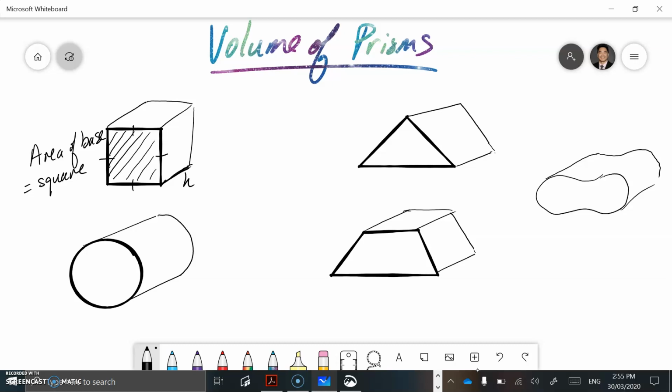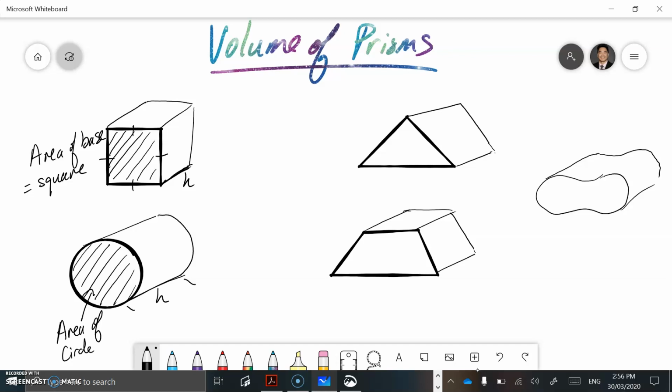This formula for the volume of prisms is going to be exactly the same with all types of prisms. So it doesn't really matter if it's a circle. You're still going to get the area of a circle, and then you're going to multiply by the height.